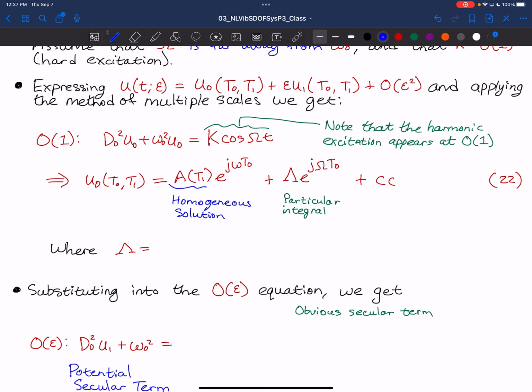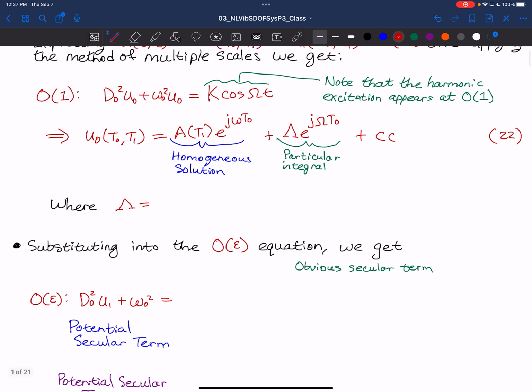This first term is our homogeneous term, and the second term is our particular integral, or particular solution. Here lambda is equal to 1/2 times K times the quantity 1 divided by omega 0 squared minus capital omega squared.